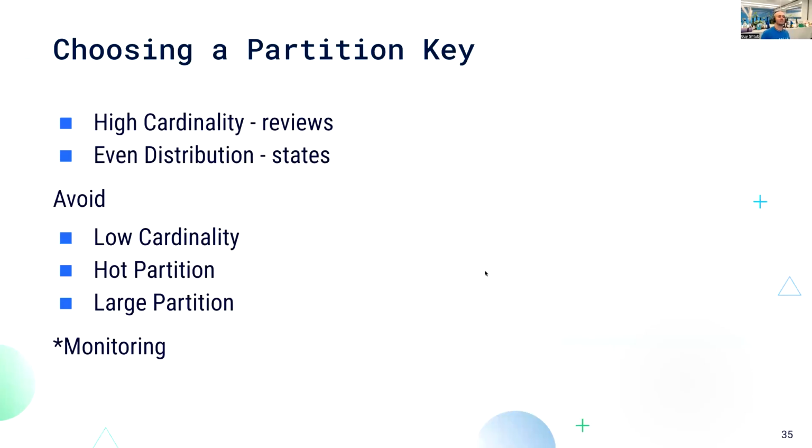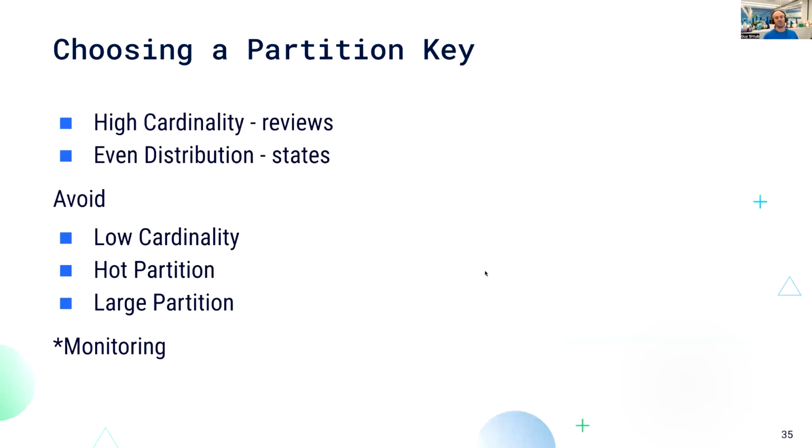And that means that we're not making the best utilization of our hardware because some nodes are highly loaded while others hardly have any data at all. Another thing we have to think about is hot partitions. Hot partitions are a bit different.